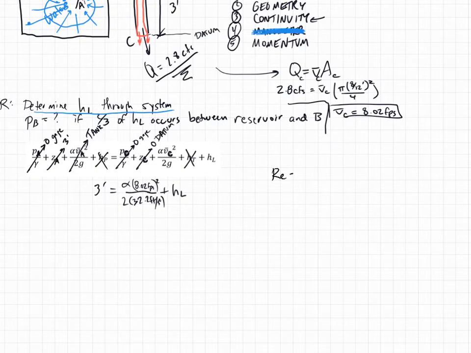The Reynolds number is VD over nu. So it's going to be 8.02 feet per second times the diameter, which is 8 over 12 feet, over nu. The kinematic viscosity of water is roughly 1.4 times 10 to the negative 5th feet squared per second.